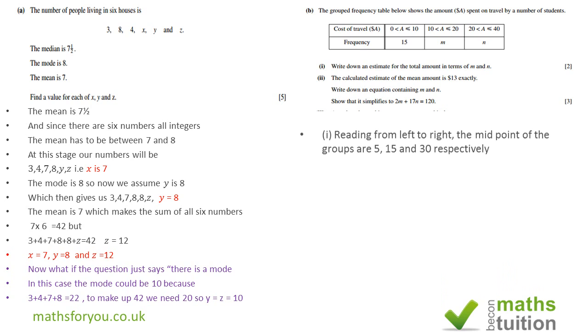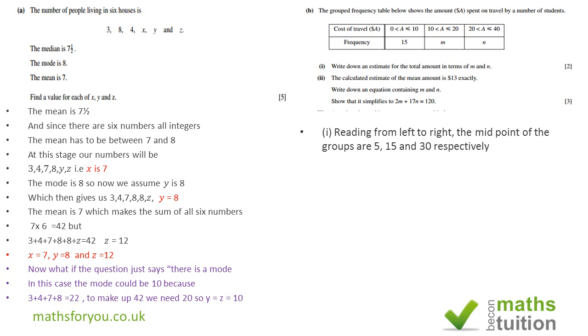Okay, now the midpoint for the first class interval is 5. The midpoint for the second class interval is 15, and the midpoint for the third class interval is 30.